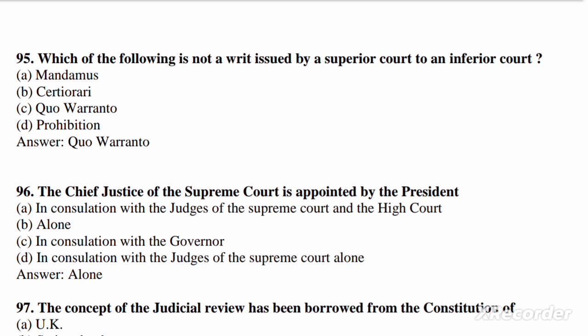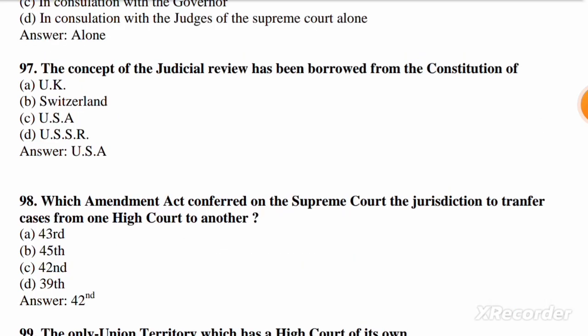The Chief Justice of the Supreme Court is appointed by the President alone. Option B. 97. The concept of the judicial review has been borrowed from the Constitution of USA. Option C. 98. Which Amendment Act conferred on the Supreme Court the jurisdiction to transfer cases from one high court to another? Answer: 42nd Amendment.